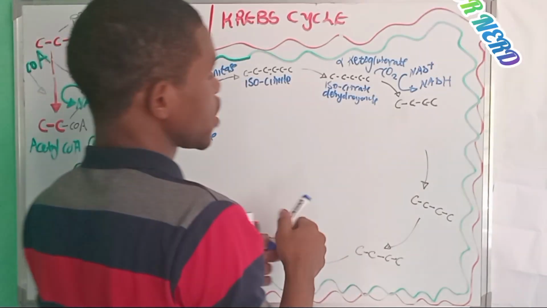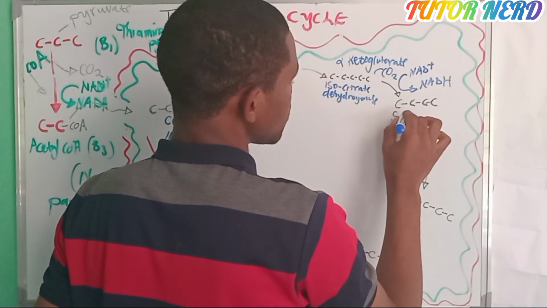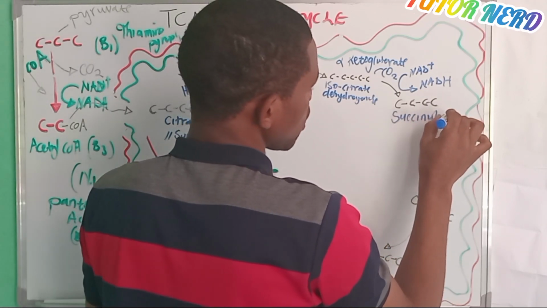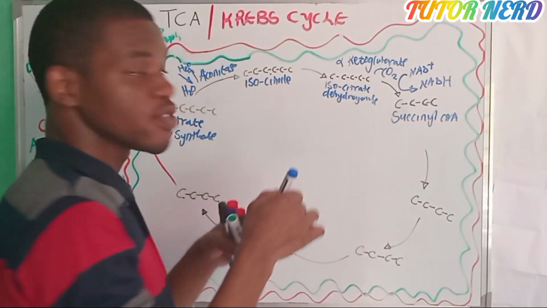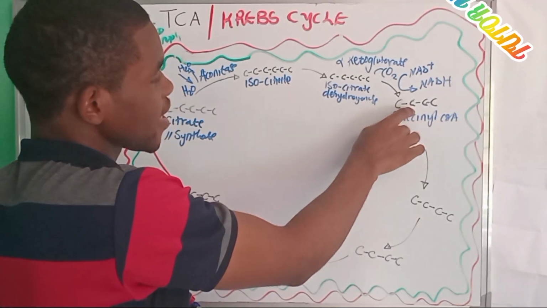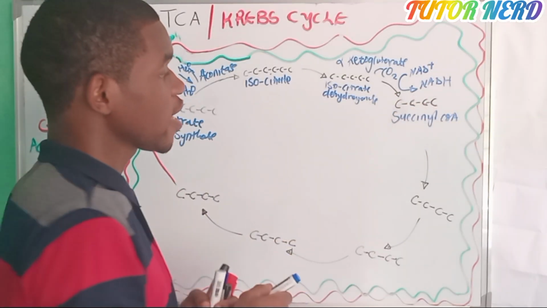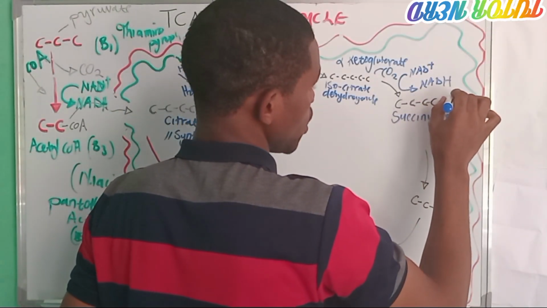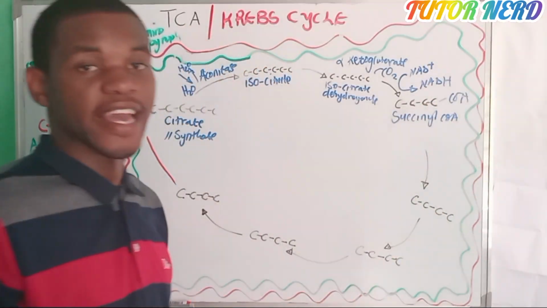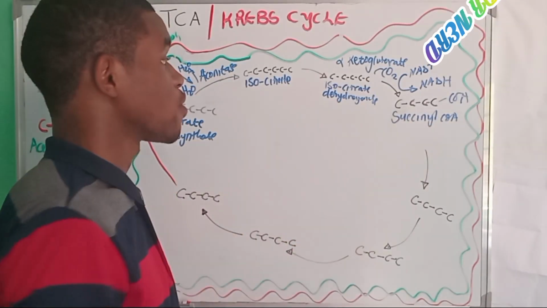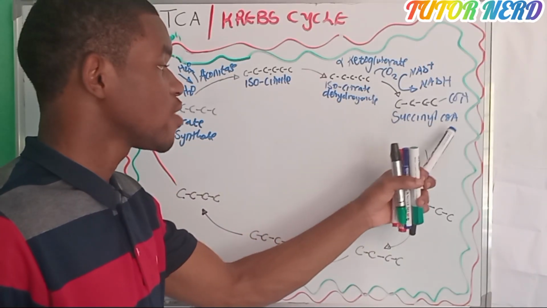So this is succinyl-CoA. Meaning this molecule is attached to a CoA group. So the next intermediate from alpha-ketoglutarate is succinyl-CoA.